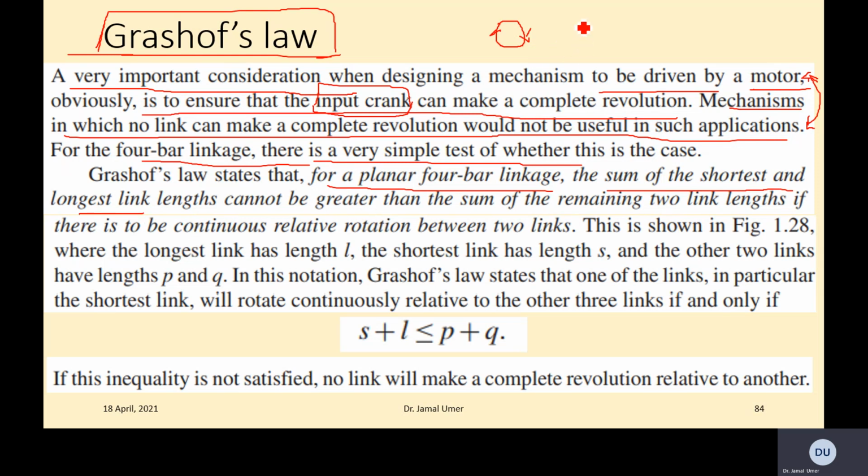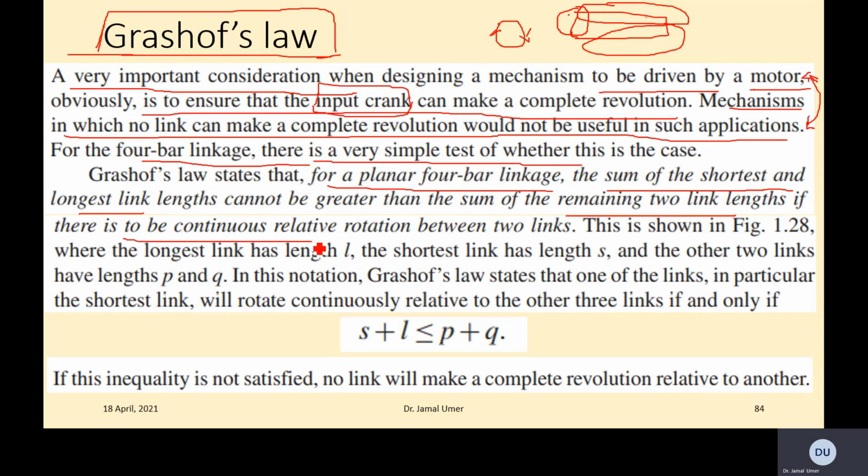So if you have a 4-bar linkage, the sum of the shortest and the longest link lengths cannot be greater than the sum of the remaining two links, the middle ones.